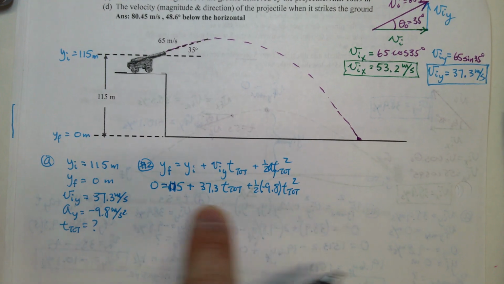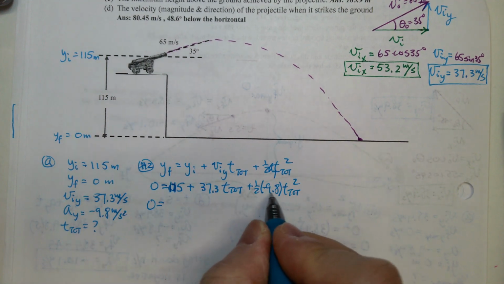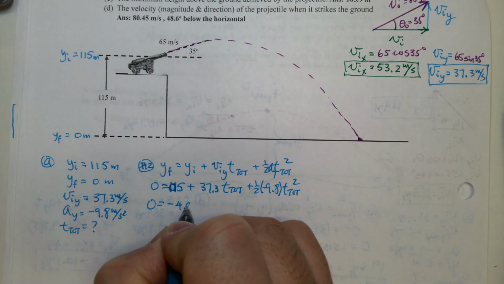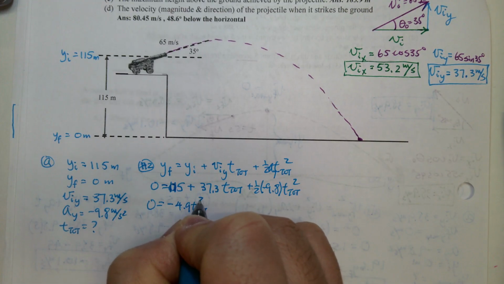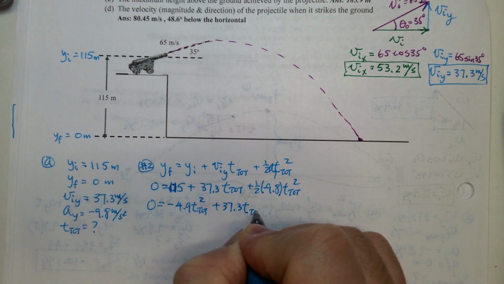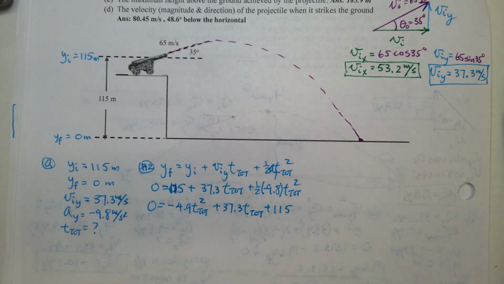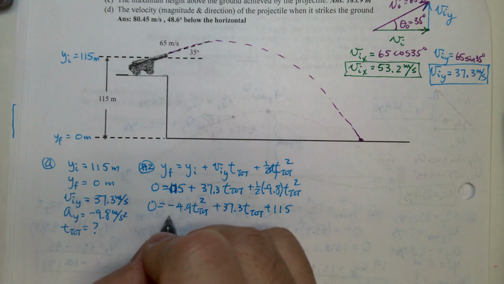So I like to write this down in descending order. So 0 is equal to negative 4.9 T total squared plus 37.3 T total plus 115. So you could tell this is a quadratic equation.